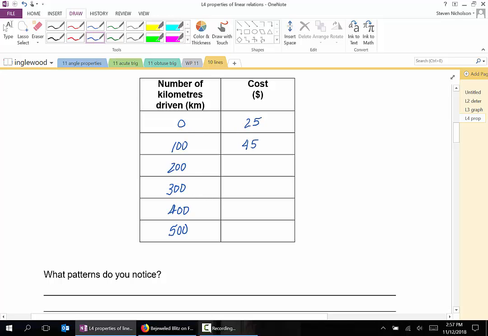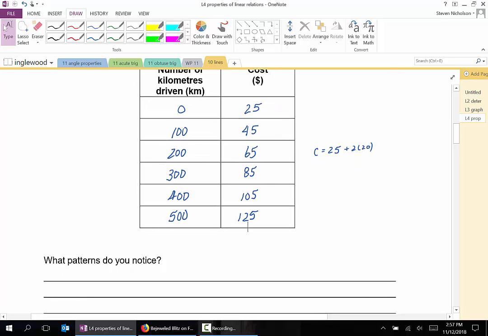If we drove 200, it would cost $25 plus 2 times 20. The 2 represents the 200. This would be 65, and I'm just going to fill in the rest really quickly. So here would be our table of values that would represent the cost.